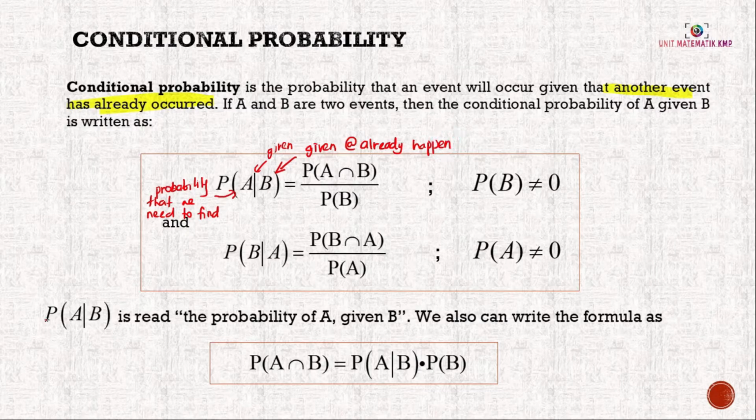Okay, so P(A|B) is read as the probability of A given B. We can also write the formula as the probability of A intersect B equals the probability of A given B times the probability of B. So we just rearrange our equation.